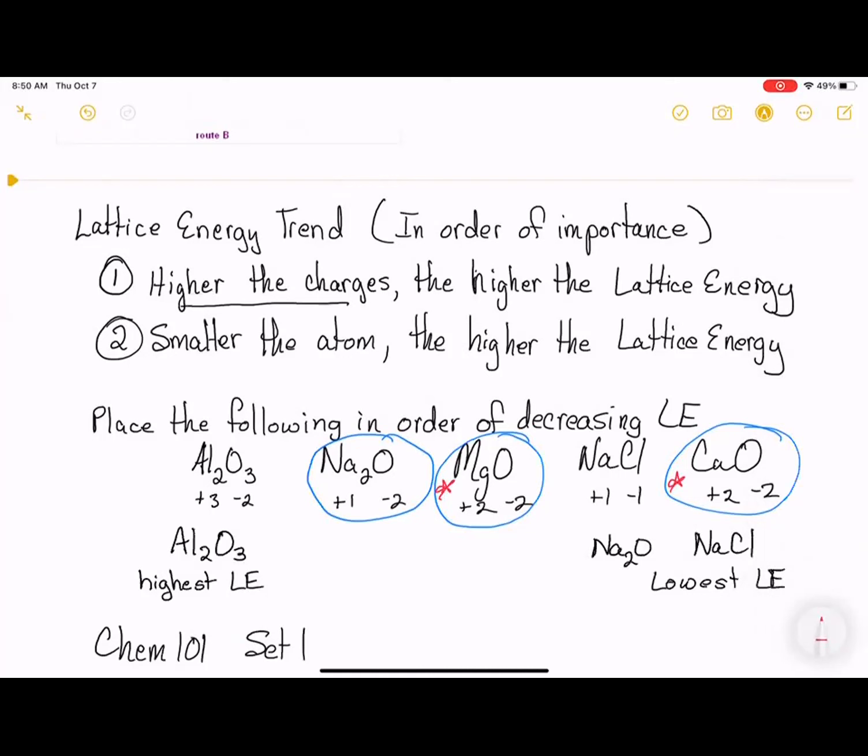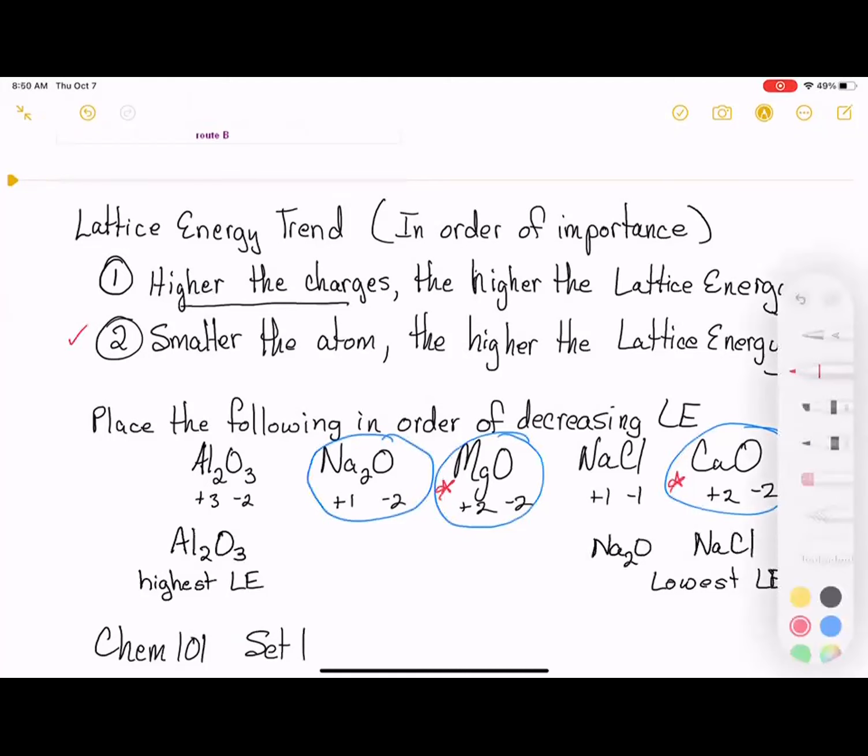Since both of the charges are identical, we have to go to part 2 of my trends and look at the atom size. The oxygen doesn't matter, it's the magnesium and the calcium. Magnesium is in period 3, calcium's in period 4, because calcium is further down on the periodic table.